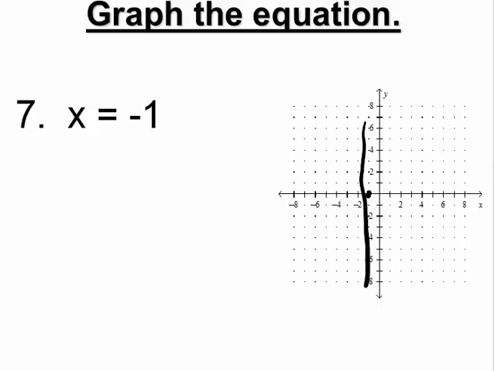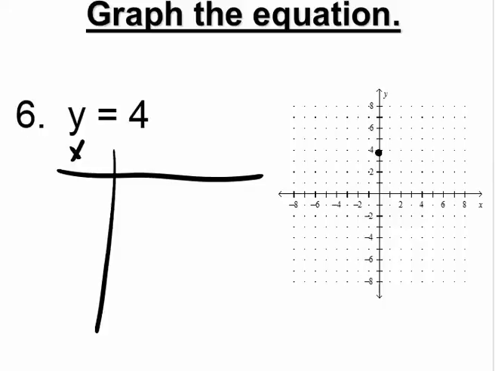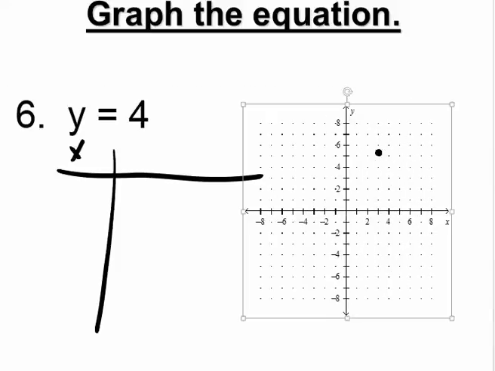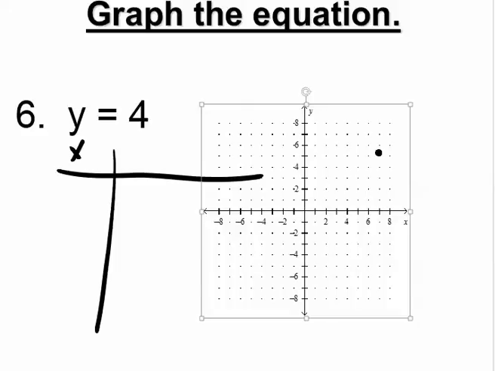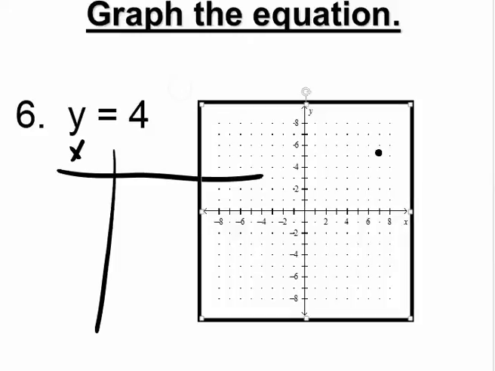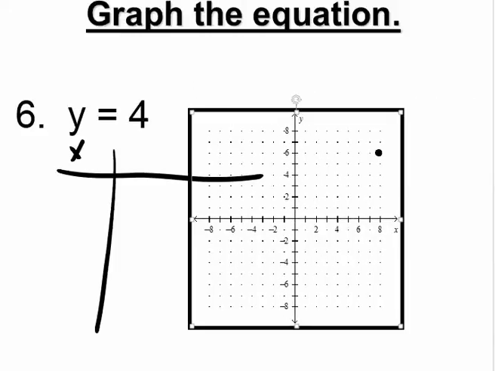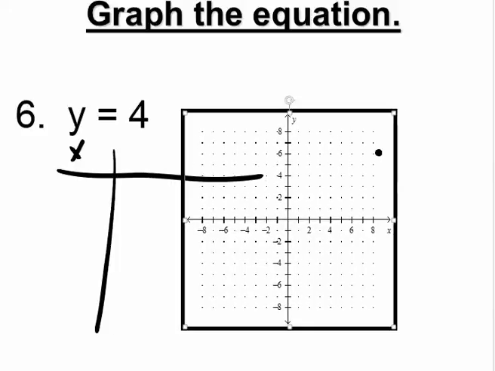If you go back to the previous one, y equal to 4 would be a straight line straight across where y is equal to 4.